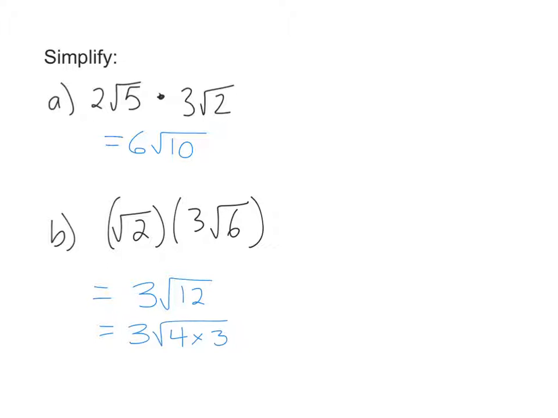That 4 comes out and becomes a 2. So it becomes 3 times 2 root 3 or 6 root 3. You may not write down those steps, like here and here. If you can go straight from there to there, that's all right. But if you need to write it out, then write it out.